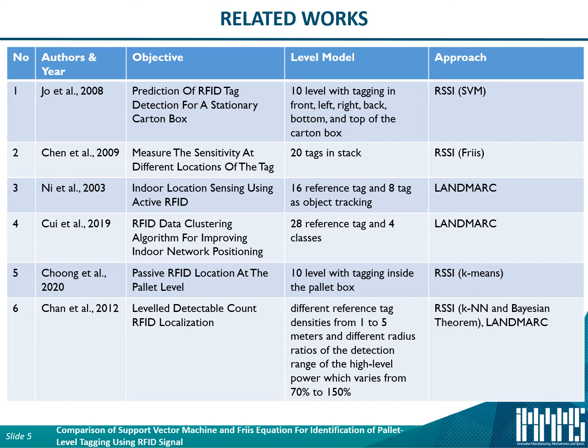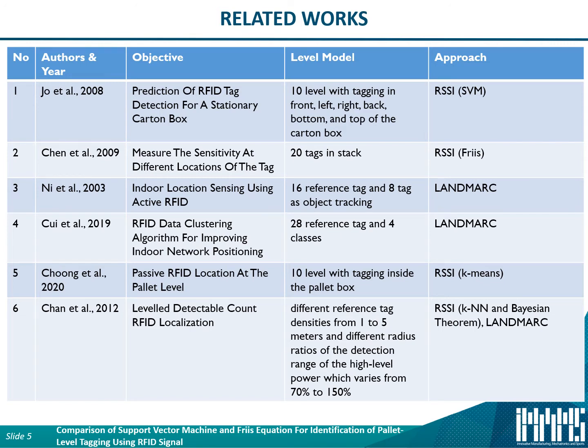The level model they are using is 10 levels with tagging in front, back, left, right, bottom and top of the carton box. They applied the RSSI approach using SVM. And the next one they are using is to measure the sensitivity of different locations of the tag with the level model of 20 tags in a stack and apply RSSI with Friis equation.